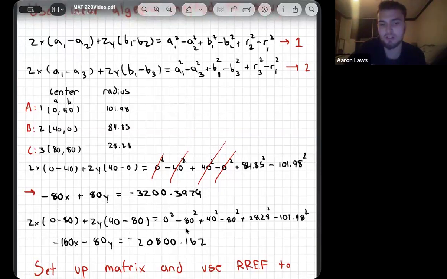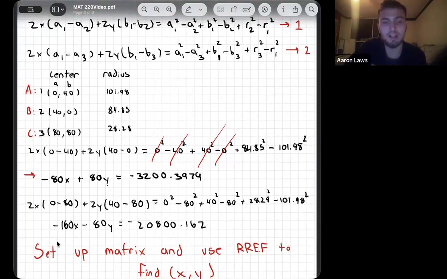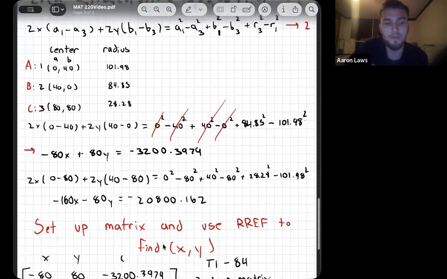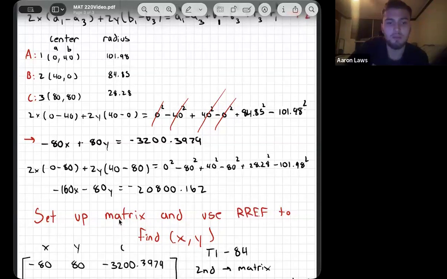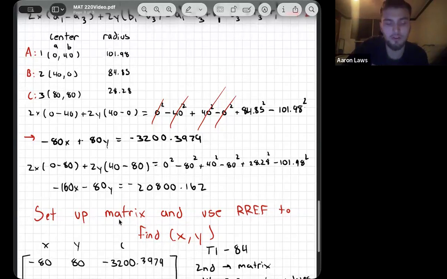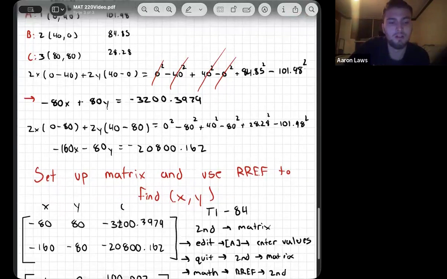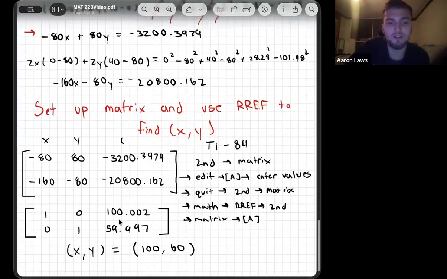I plug in all the values present, and that simplifies down to negative 160x minus 80y equals negative 20,800.162. And then once you have those two equations, you can set them up in a 3 by 2 matrix and get the reduced row echelon form to solve for both variables, x and y.